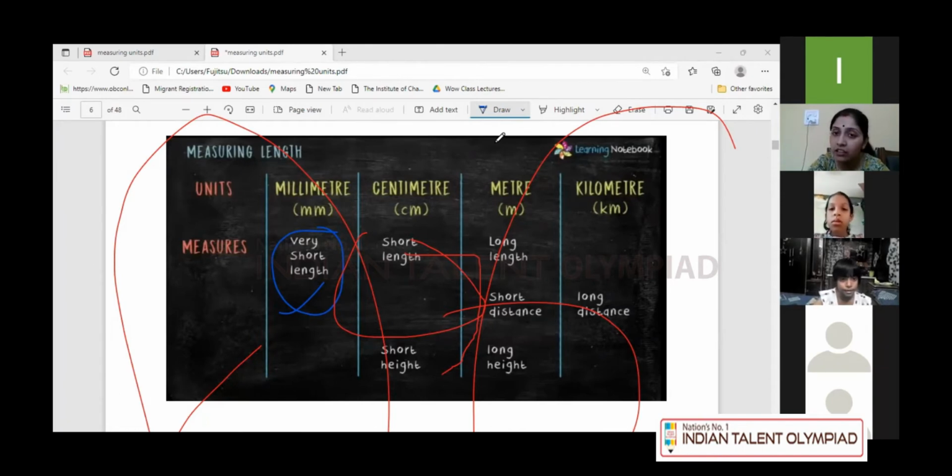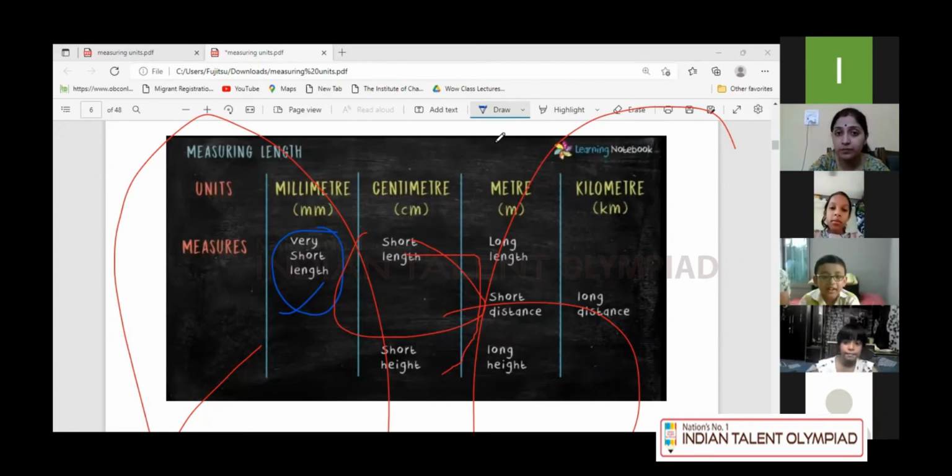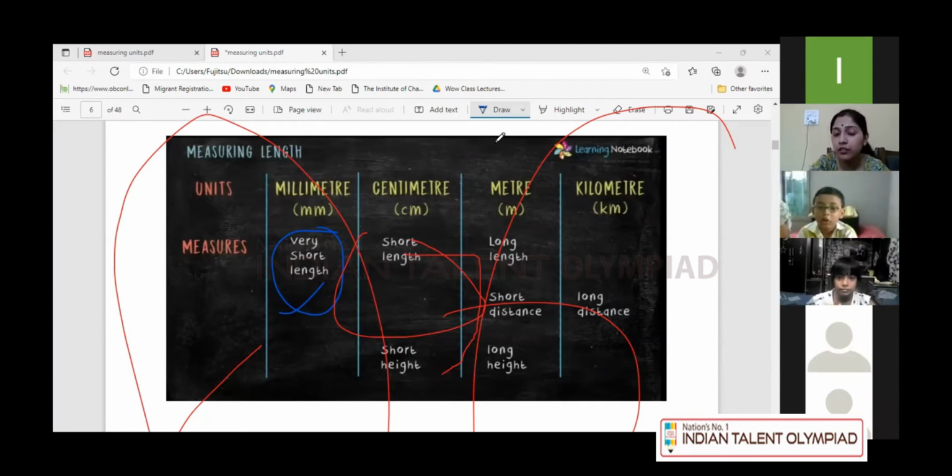So now can you tell me what the length measuring units are? Millimeter, centimeter, meter, kilometer. Very good. And kilometer is used for what? Long distance. Okay.